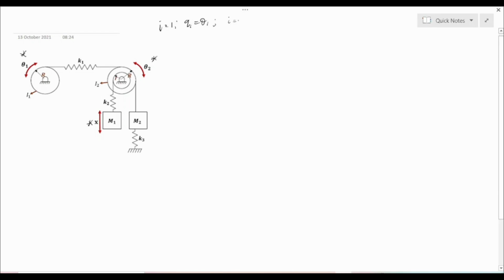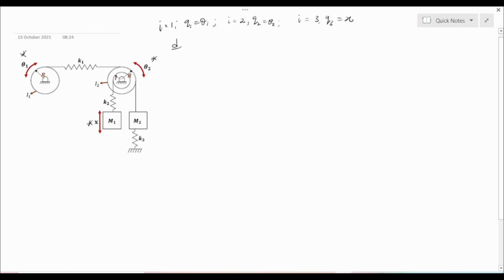And when i is equal to 2, we have Q2 to be theta 2. And when i is equal to 3, we have Q3 to be equal to x. The next thing we want to do is to call out our Lagrange formulation.